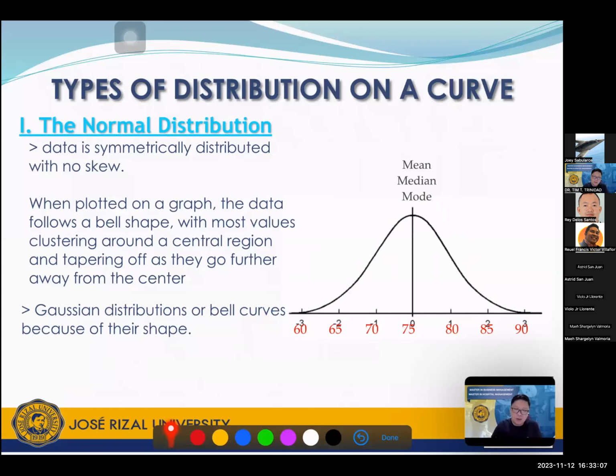Parehas yung both sides. When plotted on a graph, the data follows a bell shape. We expect the most values are clustered around the central region, and then it will taper as you go further away from the middle. It is otherwise known as the Gaussian curve or the bell curve.